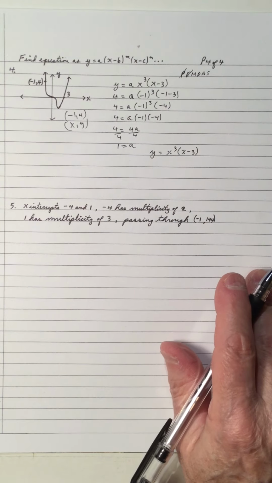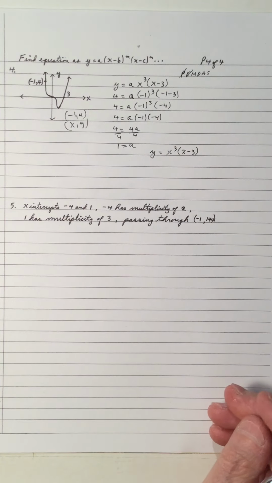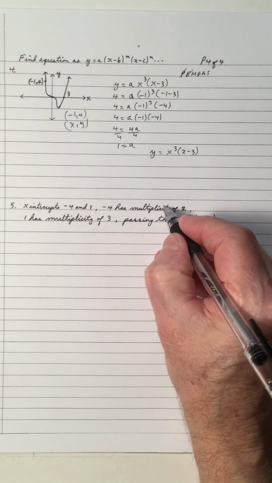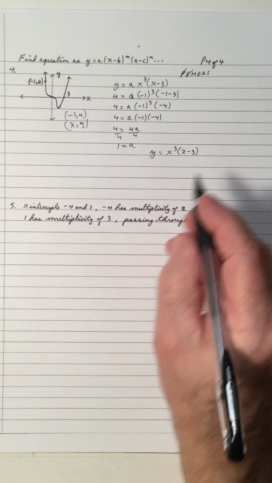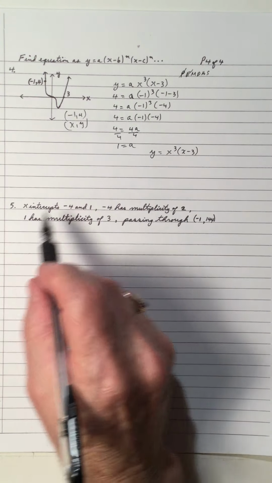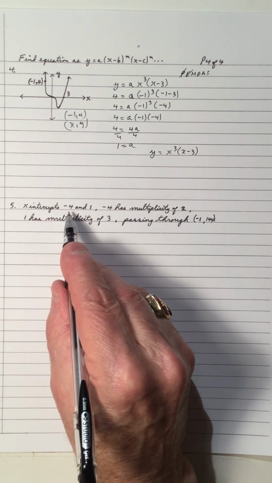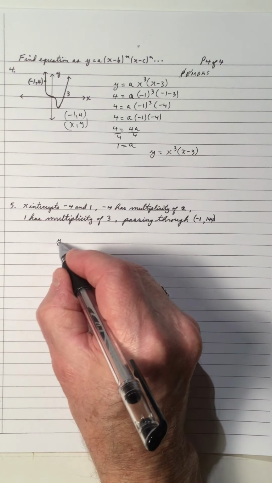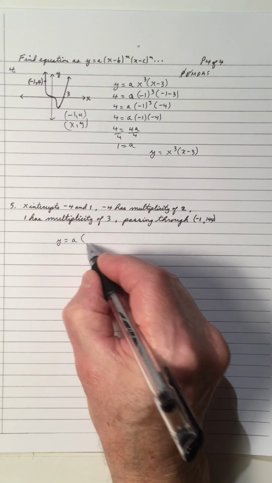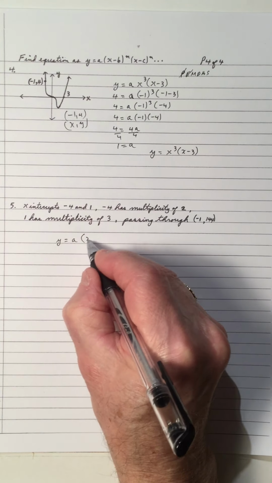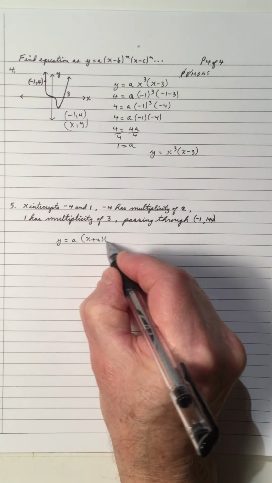And number 5, don't forget, pause the video if you wish. It's a good way to test to see if you know what you're doing. And we want to write it into factored form, so we have x-intercepts at negative 4 and 1. And let's say we don't know what a is yet. X-intercepts are negative 4, so that's an x plus 4.